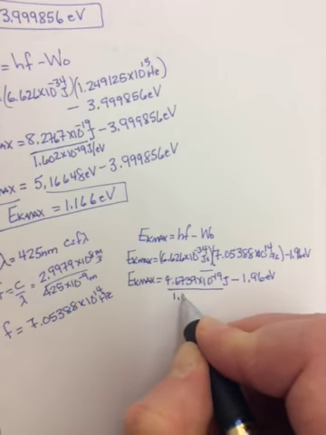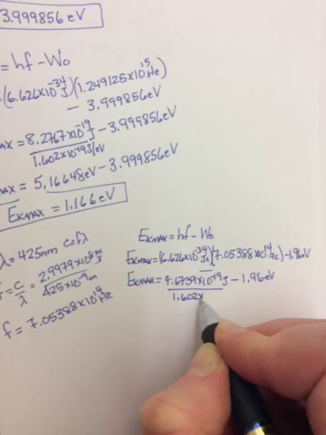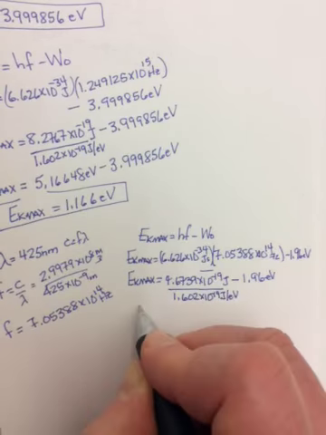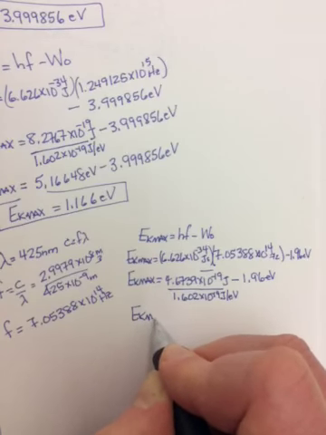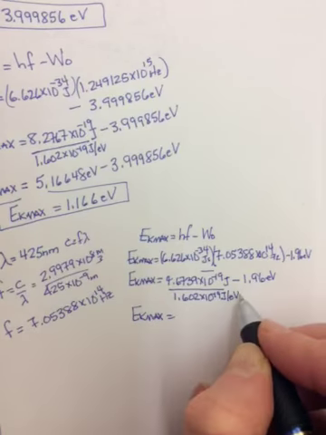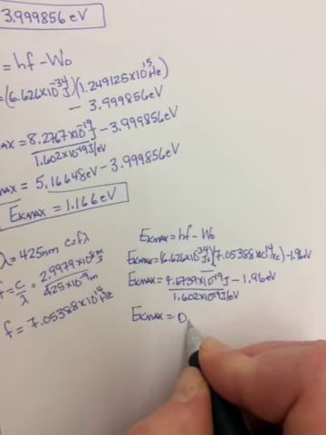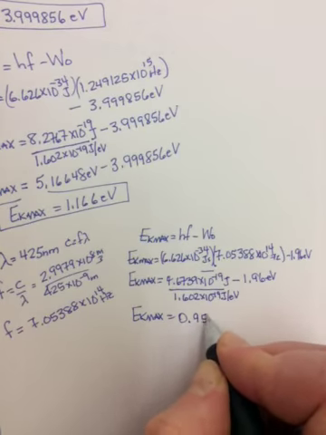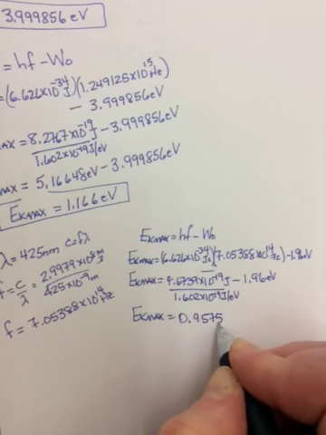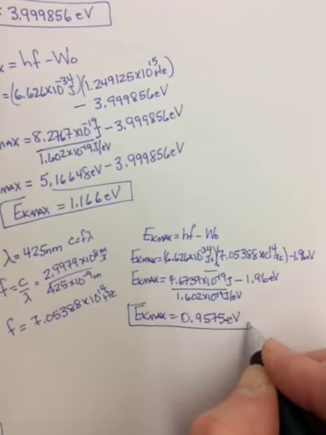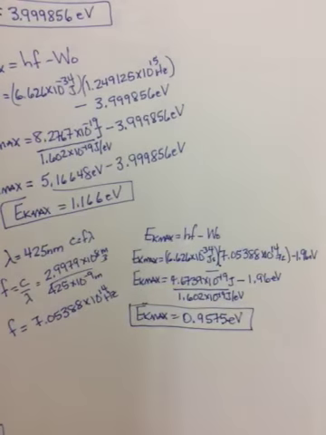So you can divide this by 1.602 times 10 to the negative 19 joules per electron volt, and then subtract your 1.96. And when you do, you get 0.9575 electron volts. Final answer, number 4.